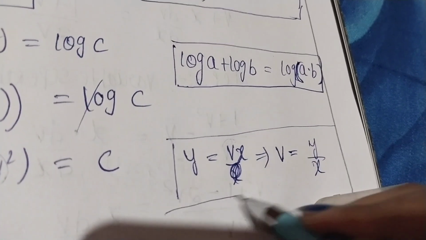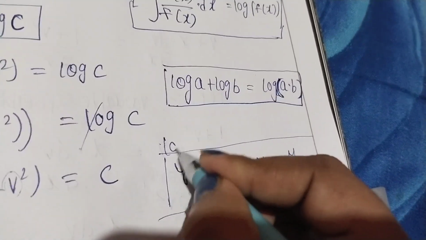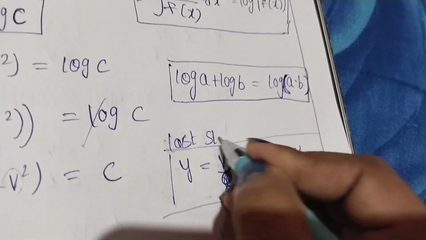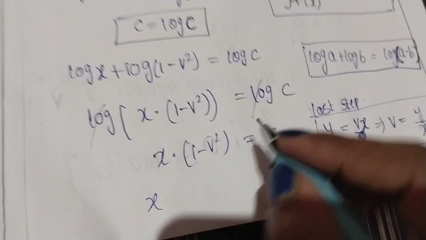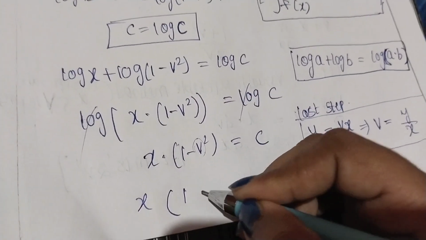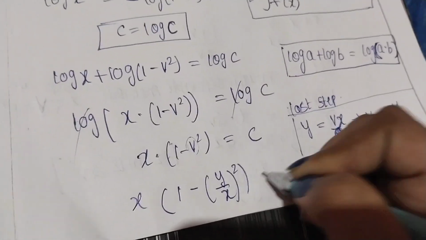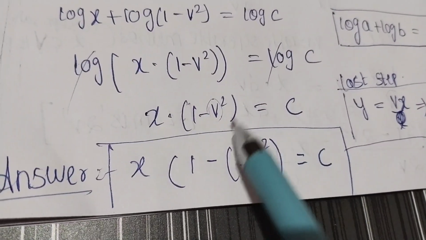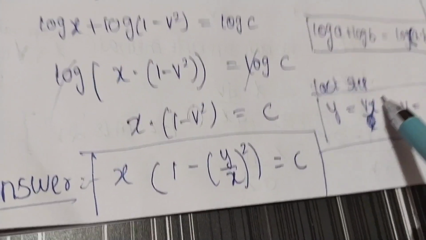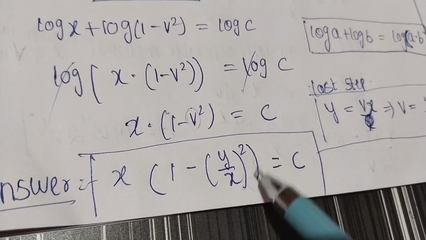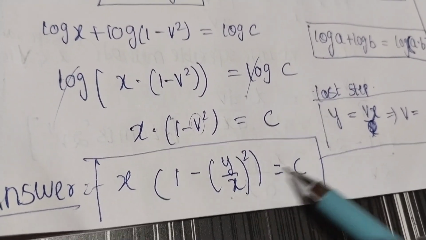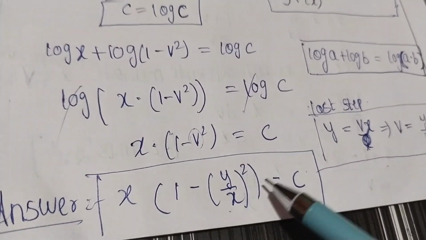This is the last step. So simply putting the v value as y divided by x, x into (1 minus (y divided by x) square) equals c. So this is our final answer. So putting v equals y divided by x, this is our last step in the homogeneous differential equation process.